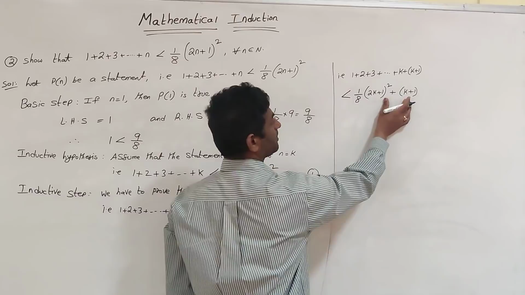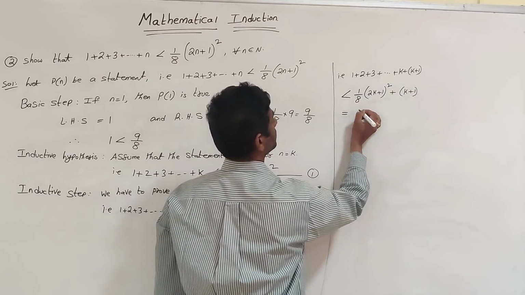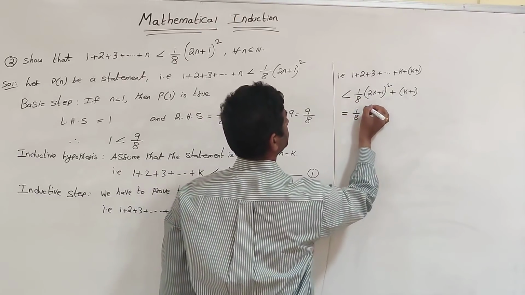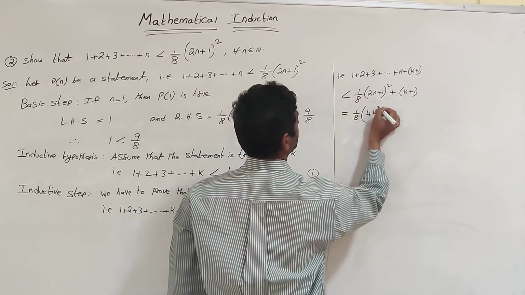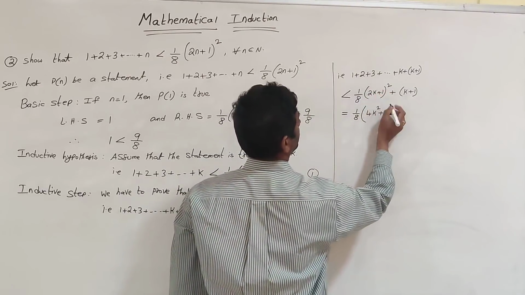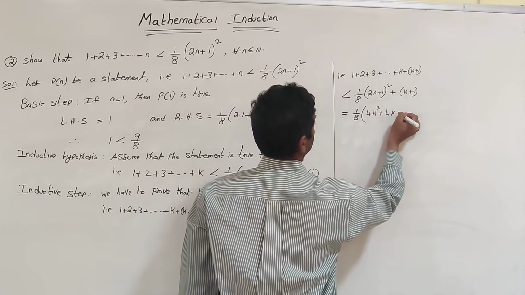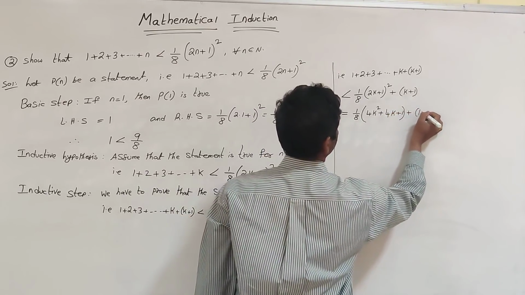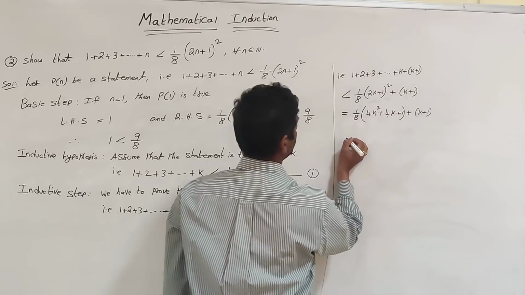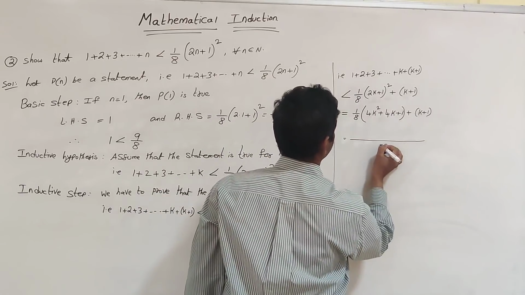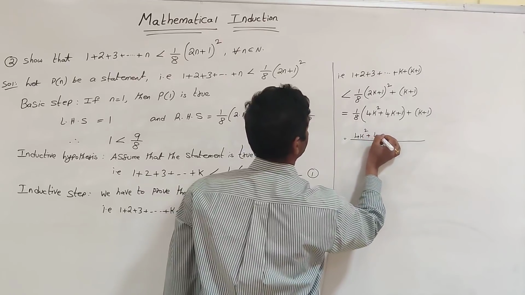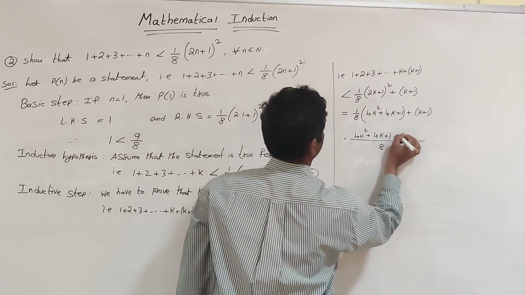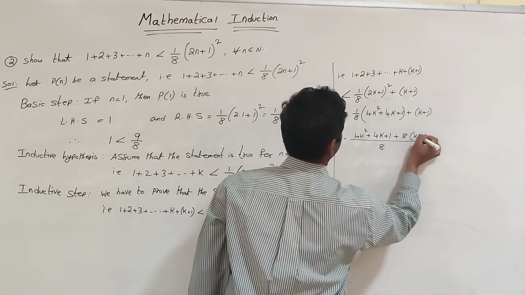So I am going for simplification, means it is equal to 1 by 8 times, if we expand, it will be 4k square plus 4k plus 1 plus k plus 1. And again, if you take the LCM, 8 is the LCM: 4k square plus 4k plus 1 plus 8 times of (k plus 1).